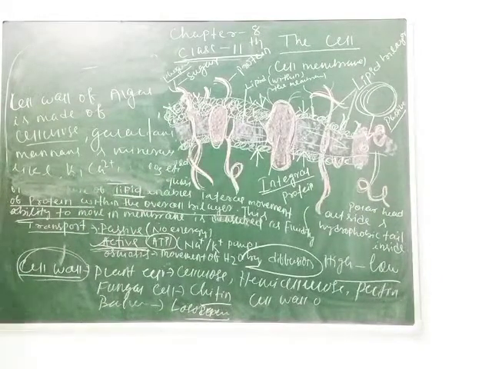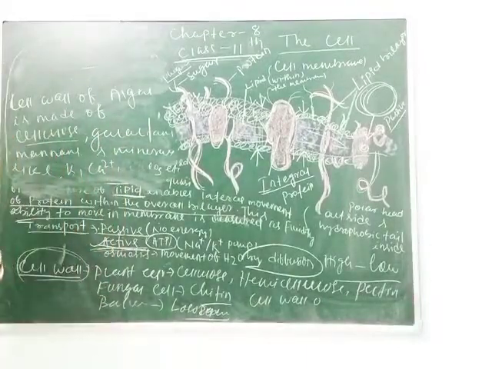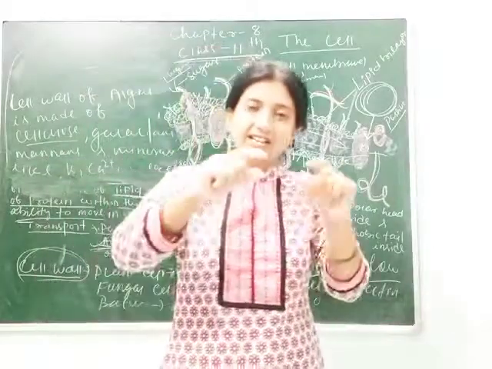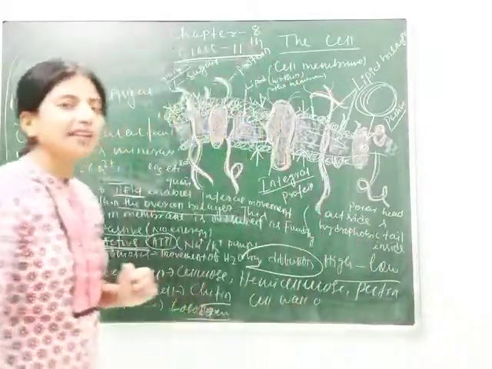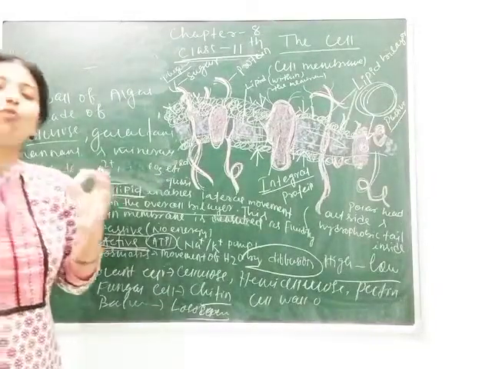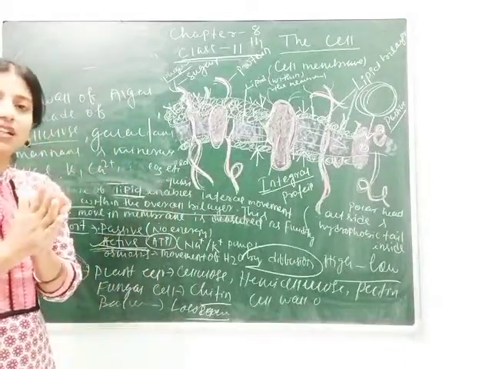The middle lamella is mainly made up of calcium pectate. Students, remember, in the case of plant cells, one is the outer layer, another is the inner layer. The middle layer gives strength and rigidity because it is made up of calcium pectate. Calcium pectate holds the other two layers, like glue is used to stick substances.